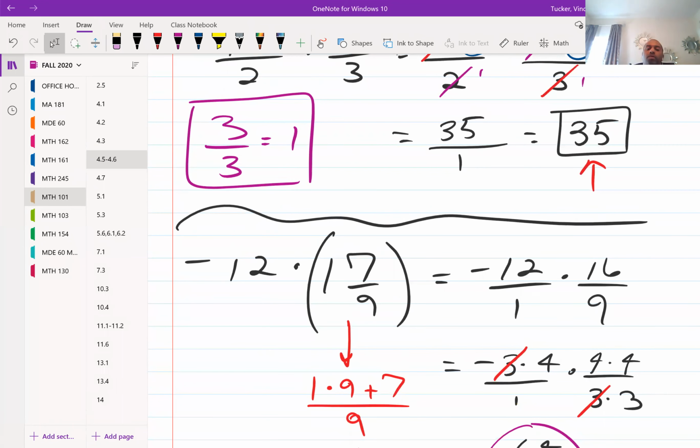All right, next one. Negative 12 times 1 and 7/9. So negative 12 as a fraction is negative 12 over 1. That 1 and 7/9, as an improper fraction, you do 1 times 9 plus 7, and that'll be 16 over 9.